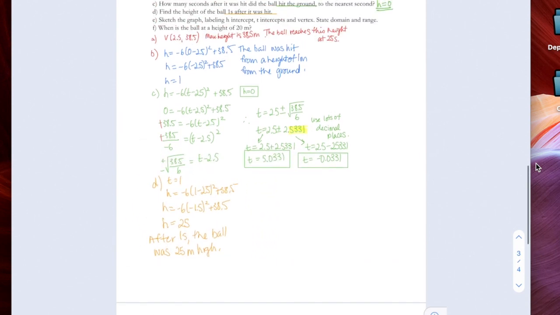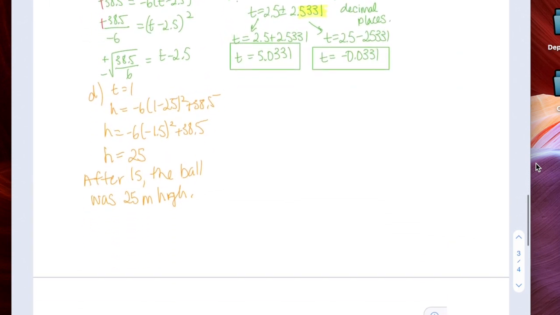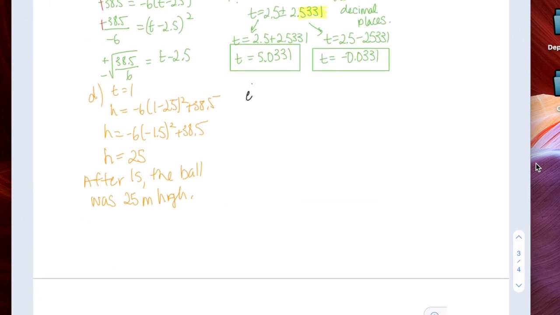Okay, so for part E, it says to sketch the graph labeling the h-intercept, the t-intercepts, and the vertex, and then it's asking us to state the domain and range. So let's plot everything we know about our parabola. If you notice, this is a lot different than the 5-point mapping I asked you for in previous lessons.